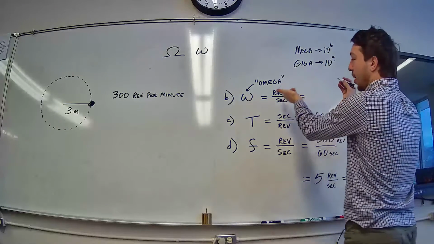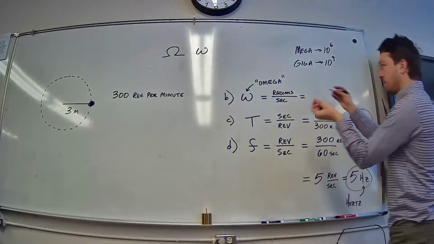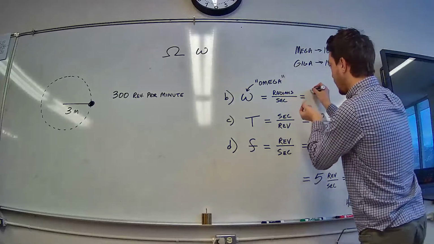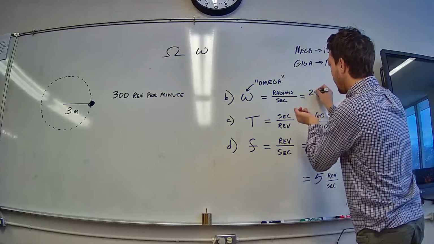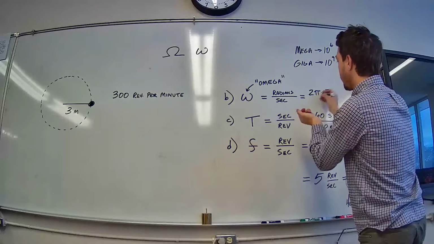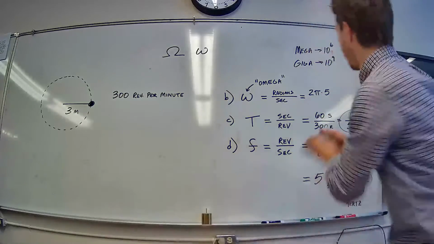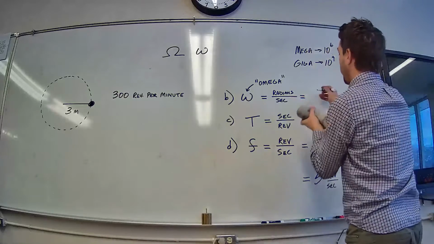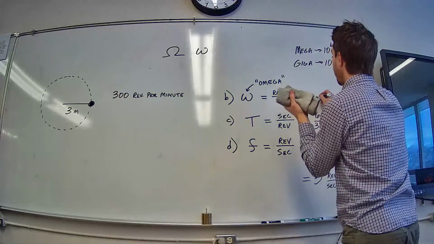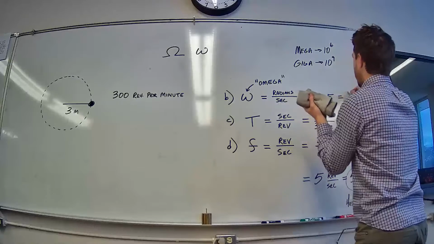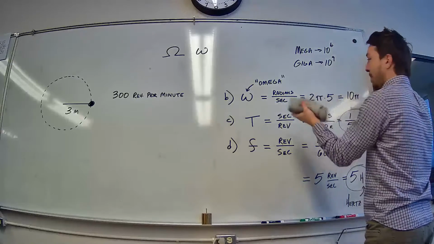So the number of radians then, think about where this comes from though. This is an important thing here. Because what we did was we multiplied 2 pi by 5, right? This is a really important formula to know for all the stuff we're gonna do. So the answer to this was 10 pi. How about units?